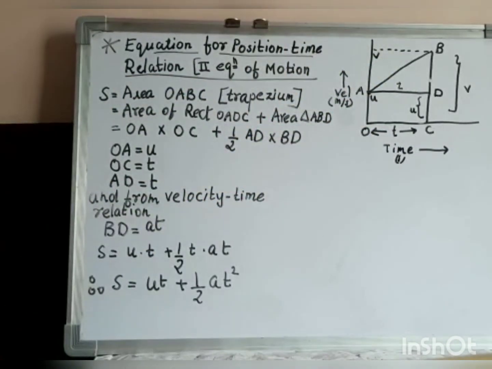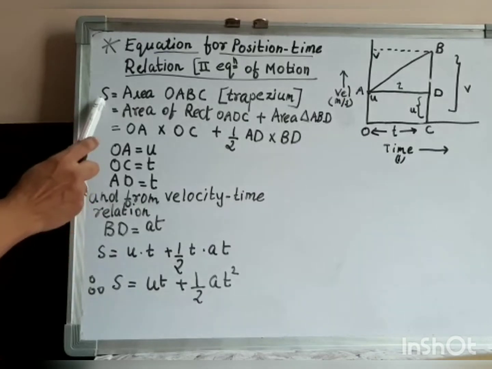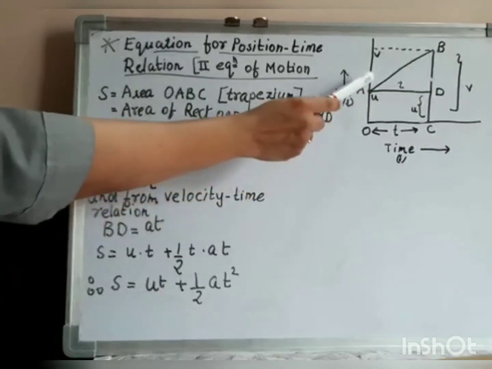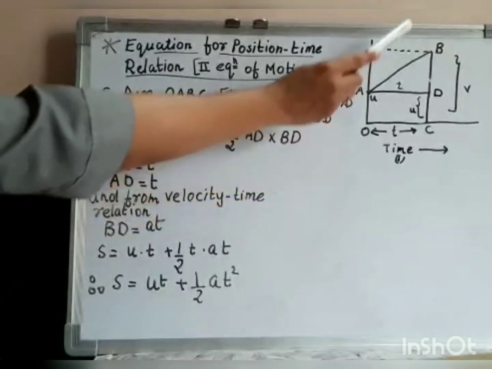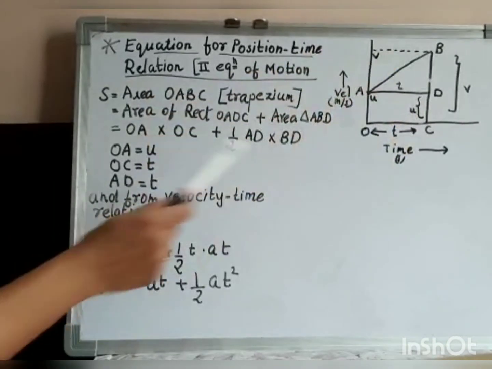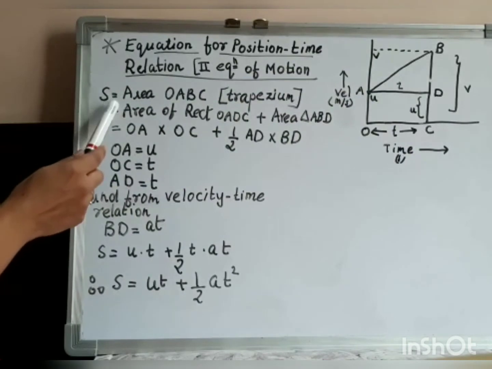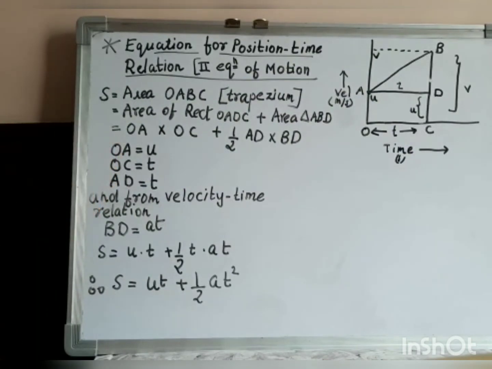Now as I explained earlier, if you want to find the distance traveled by this object, then distance s is equal to the area under this graph OABC. Okay, and you can see it is forming a trapezium. So distance s is equal to the area of trapezium OABC.